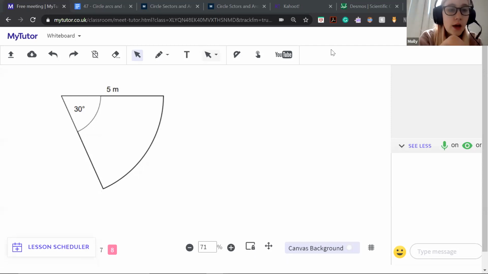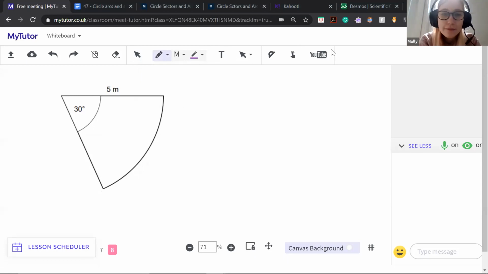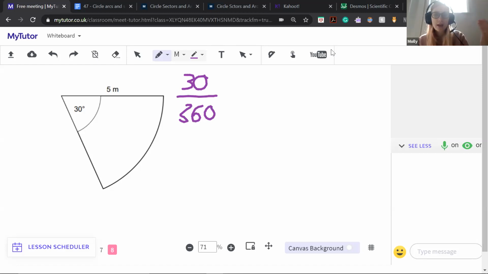So, let's do the arc length first. The first thing that we want to do is work out what fraction of the circle this is. Well, that's going to be 30 over 360. Once you've seen it once, it's really easy to do from then on because it's just however many degrees are in the sector divided by 360. So nice and simple.